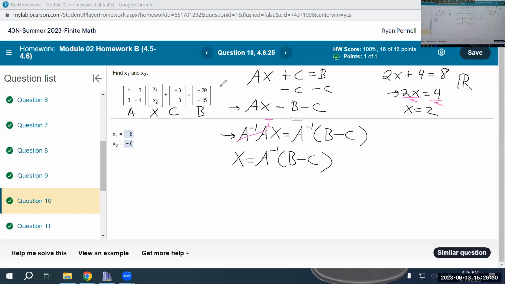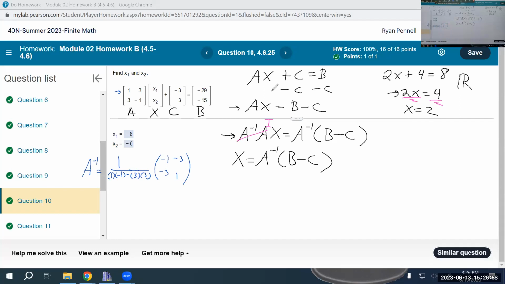Now I need to do it. Okay, so what is A inverse? Here's my A. So A inverse equals 1 over 1 times -1 minus 3 times 3, times the matrix -1, 1, -3, -3.